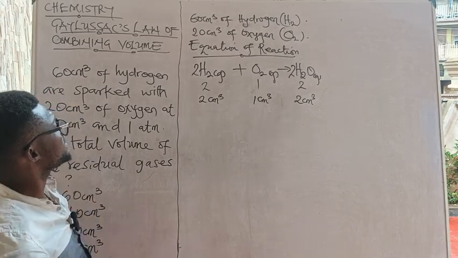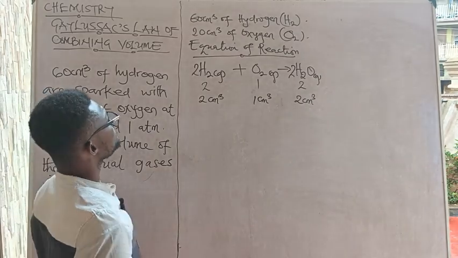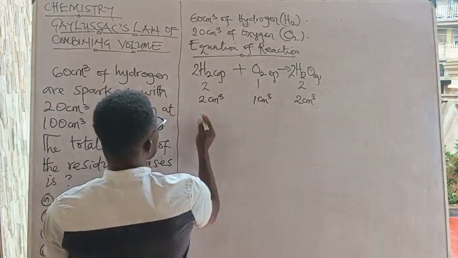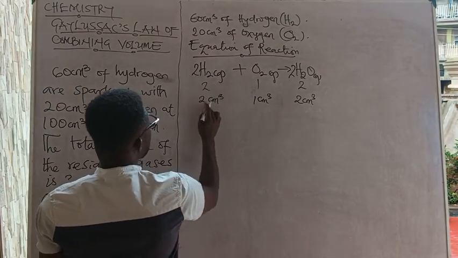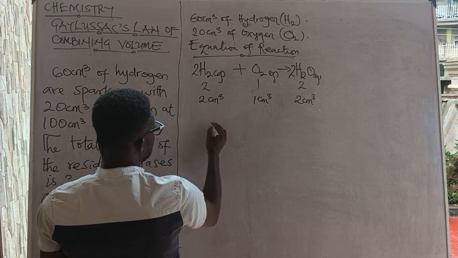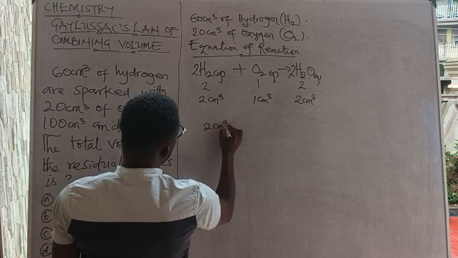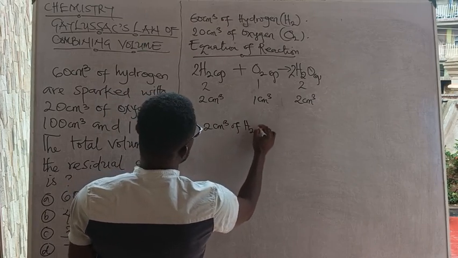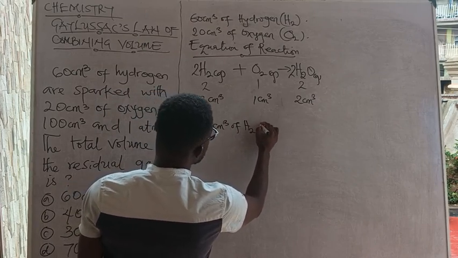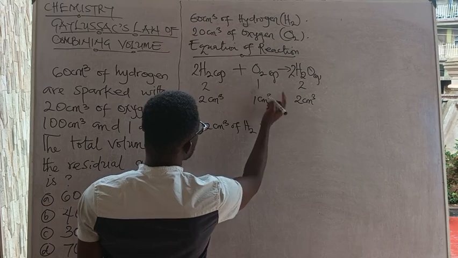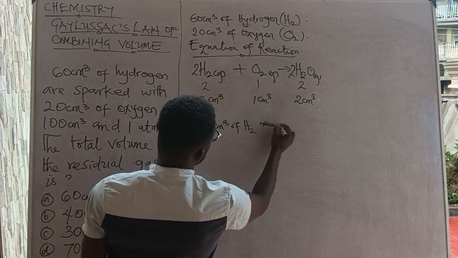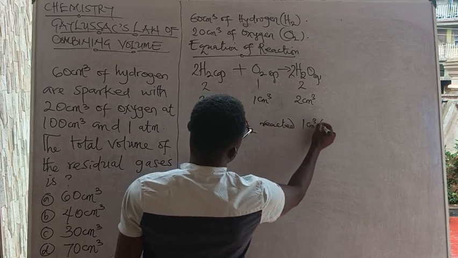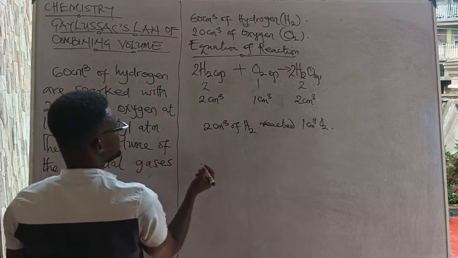So in this case, if 60 cm cube of hydrogen is used, then we consider hydrogen from the equation. 2 cm cube of hydrogen gas reacted with 1 cm cube of oxygen gas.